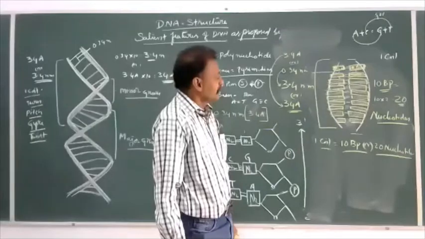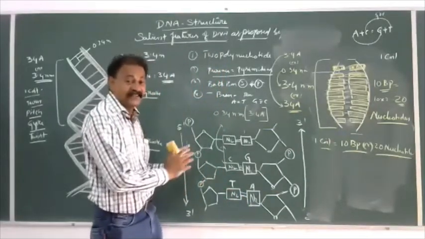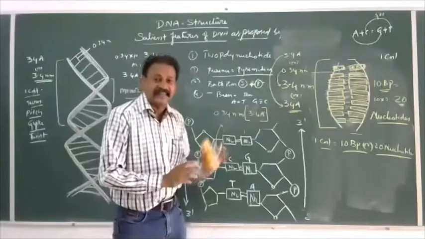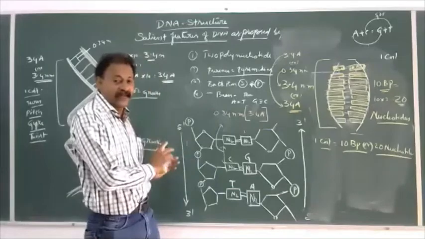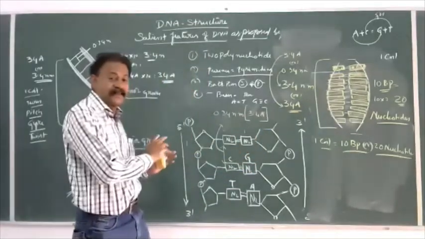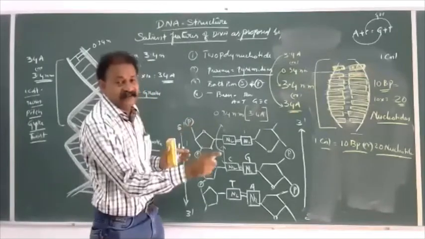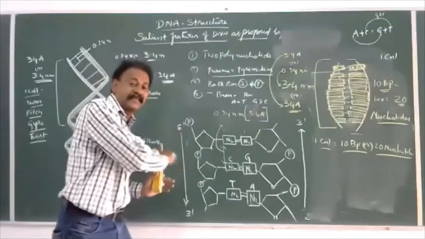Now, they observed base complementation: always adenine bonds with thymine and thymine with adenine, and always guanine bonds with cytosine and cytosine with guanine. Adenine never bonds with another purine like guanine, and thymine never bonds with another pyrimidine like cytosine.